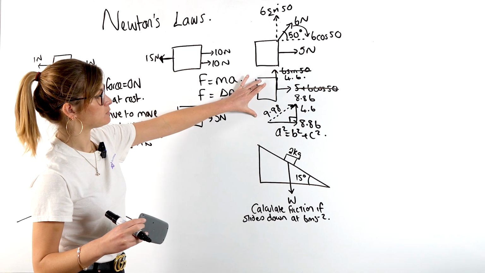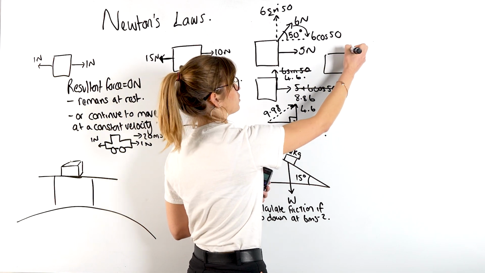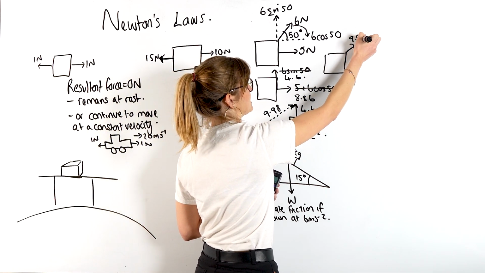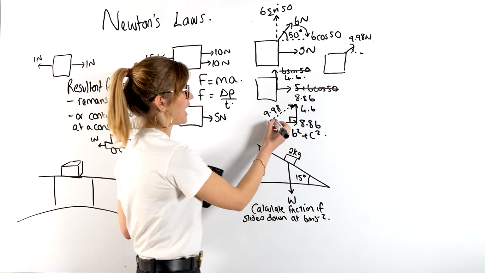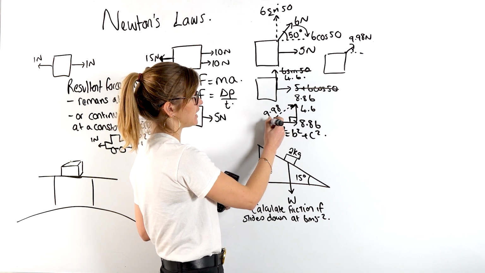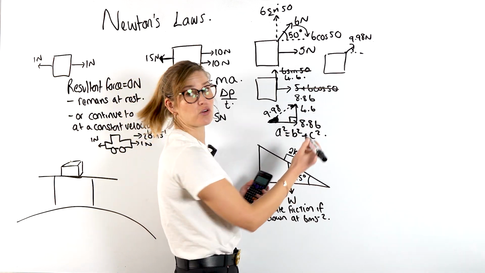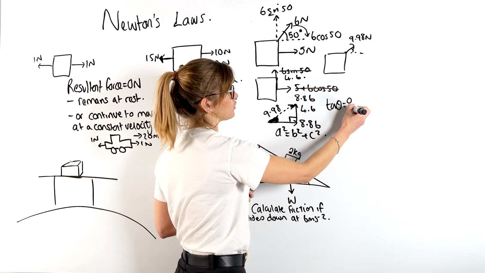So for the resultant force in this box, I can just draw one box now, and in that one box, I've got a force of 9.98 newtons on it. And we can even find out what that angle is. If I want to find the angle above my horizontal, I know that tan of theta is equal to opposite over adjacent.